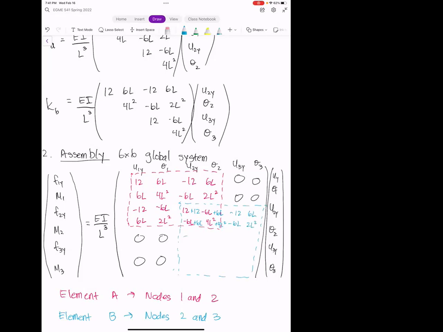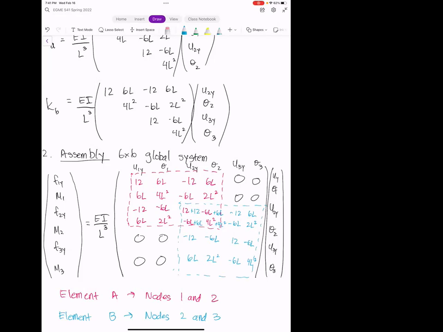I'm just going to fill in all the other entries pretty quickly. All right, so that's all the entries in the global stiffness system.